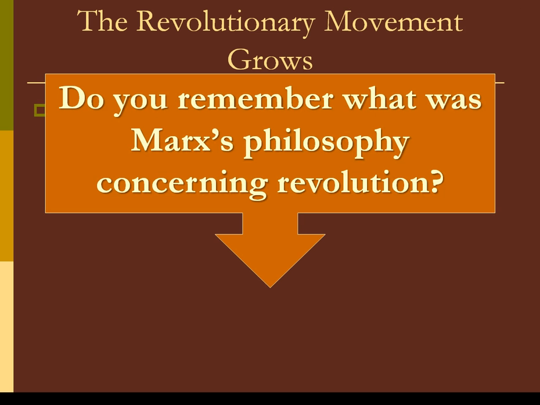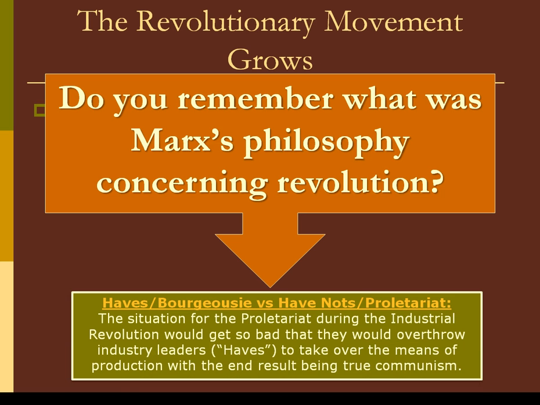Do you remember what was Marx's philosophy concerning revolution? If you were thinking anything about the haves, or the bourgeoisie, versus the have-nots, or the proletariat, you would be correct. Remember that Karl Marx's philosophy said that during the Industrial Revolution, the situation for the proletariat, the have-nots, would get bad.